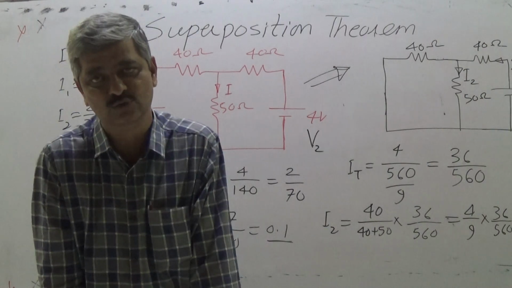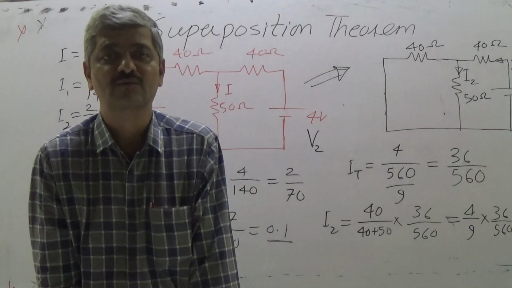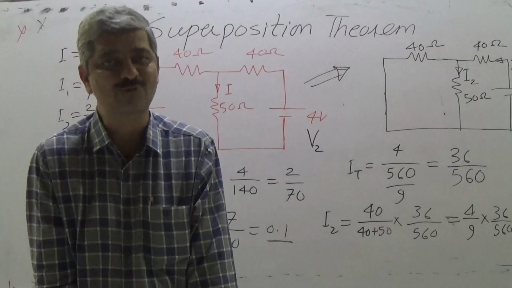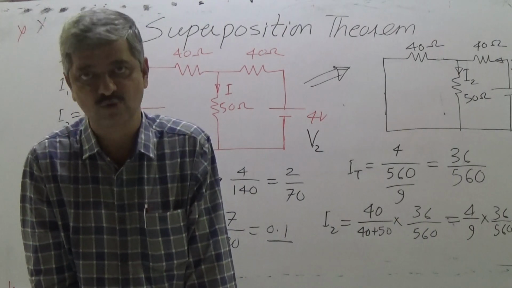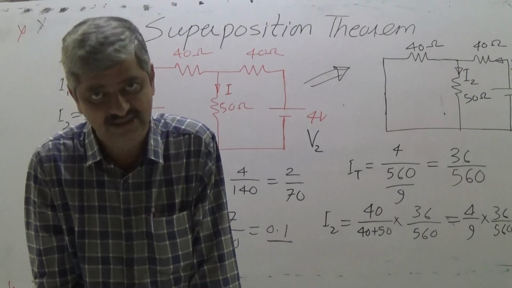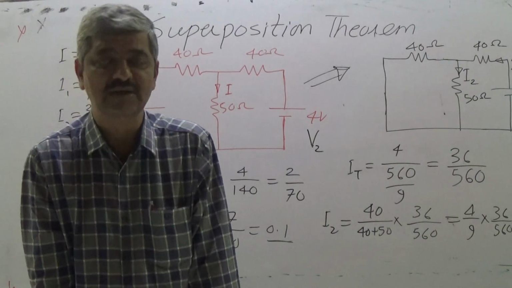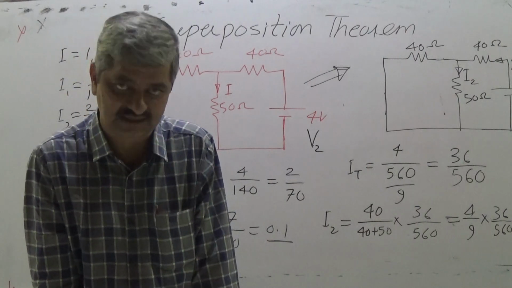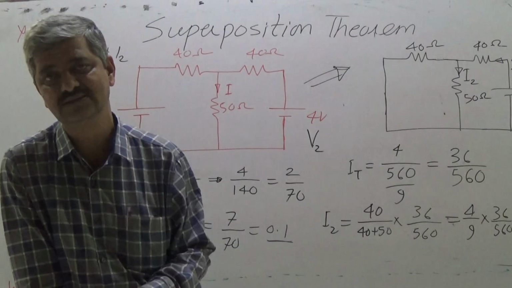We simply dealt with voltage sources and resistors and various combinations, and how to simplify the circuits and how to find currents in various paths or voltages across any 2 points in a given circuit consisting of multiple voltage sources, multiple resistances and their complex interconnections. So I hope that it is enough for us.